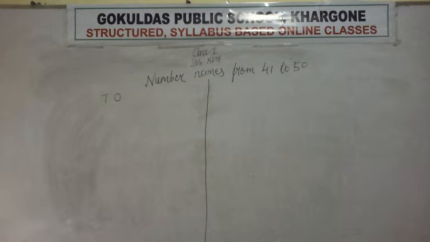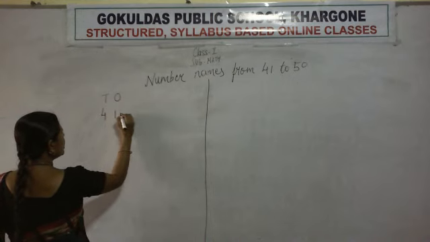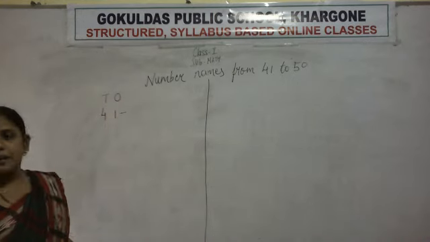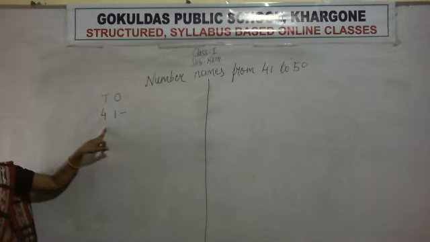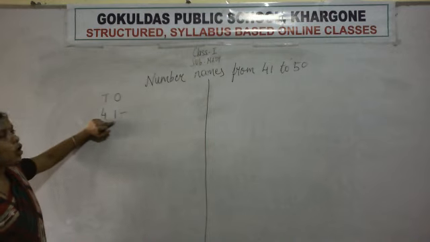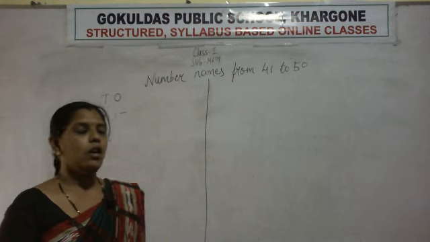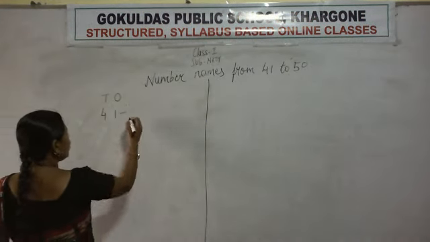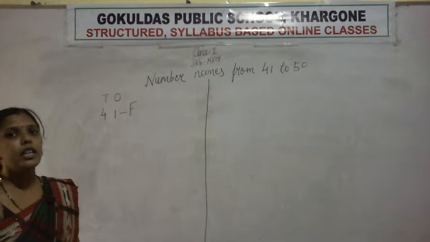Our first number is 41. Here, what is the place value of 4 in 41? The place value of 4 in 41 is tens, and the place value of 1 is ones. So what is the spelling of 40? All of you repeat. Now you know the spelling of 40?